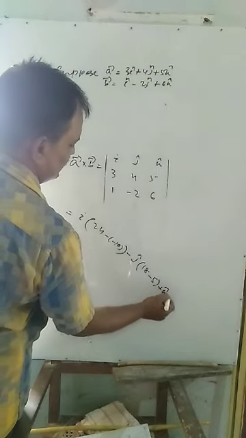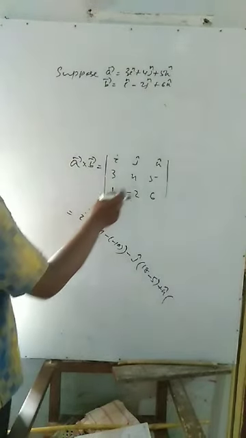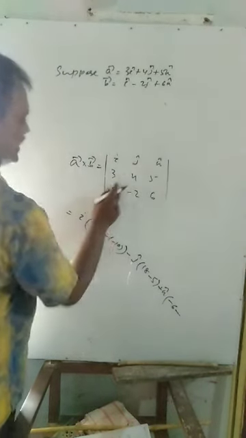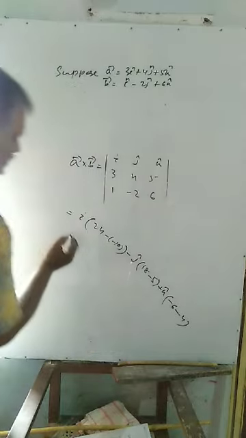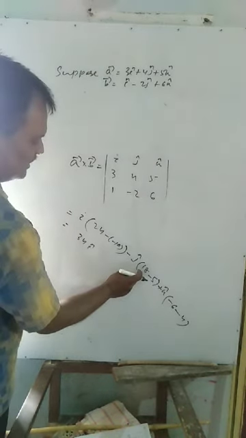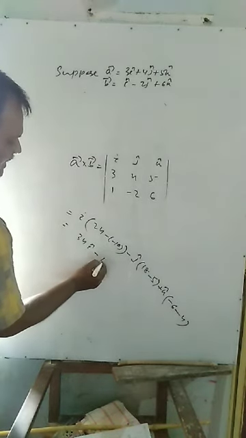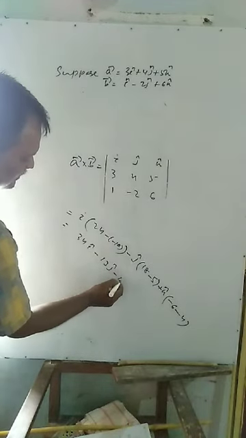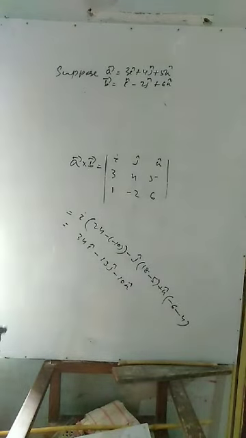Plus k cap into, eliminating this line and this line, 3 into minus 2, minus 6, minus 1 into 4, 4. So this is 34 i cap, minus 13 j cap, minus 10 k cap. So this is the cross product of the two vectors here.